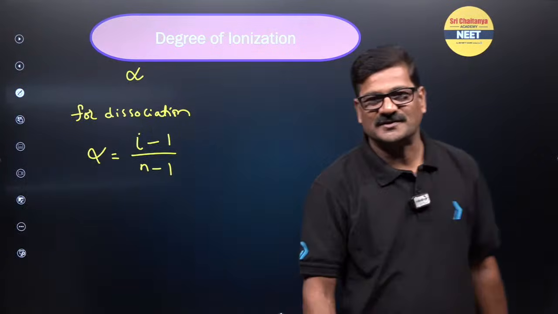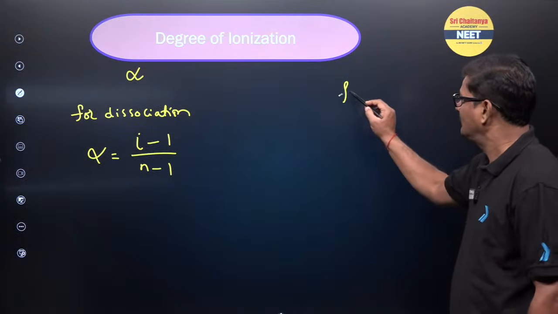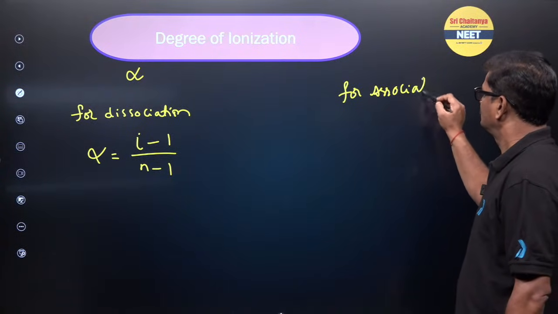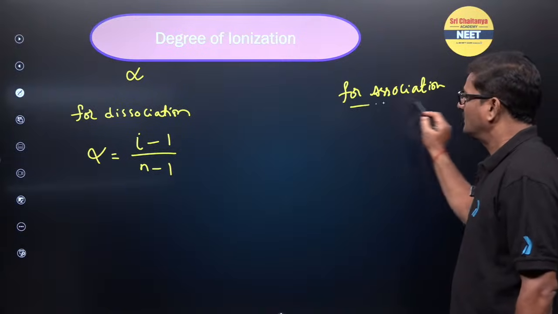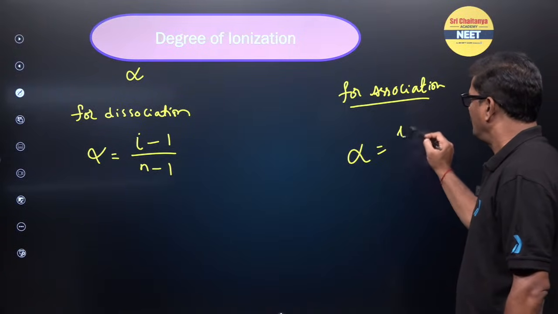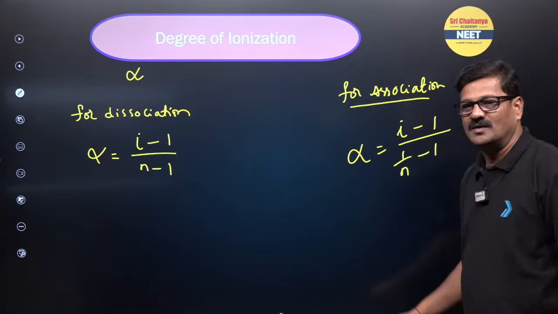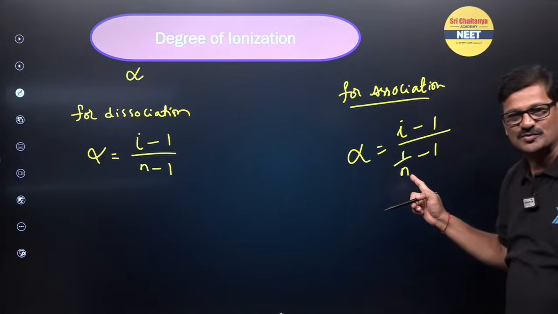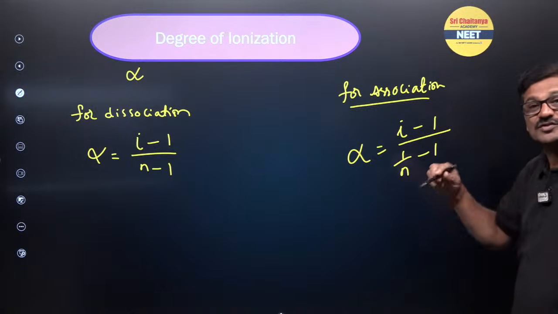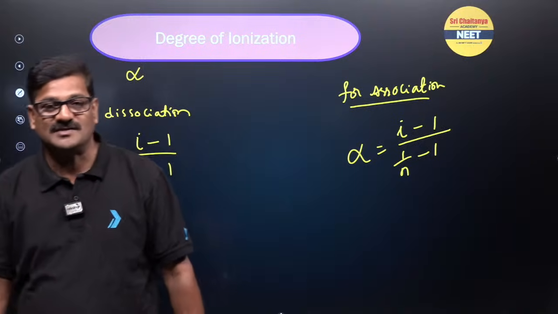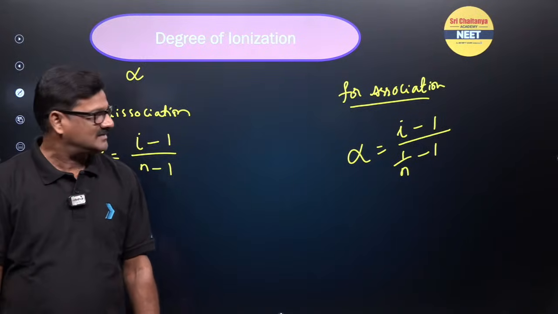For association, it is going to be alpha is equal to (i minus 1) by (n minus 1). For dimerization, n is equal to 2. Trimerization, n is equal to 3. Tetramerization, n is equal to 4, like that.